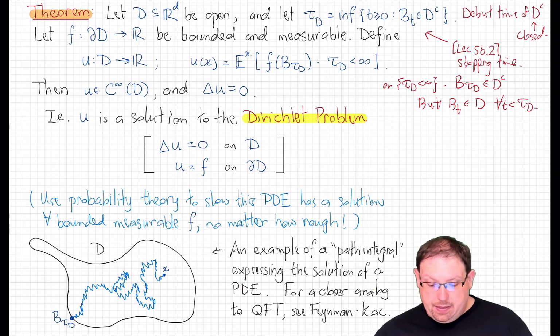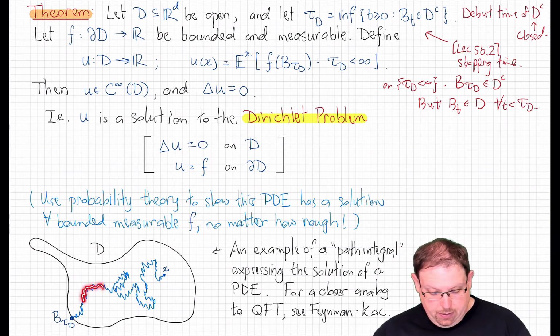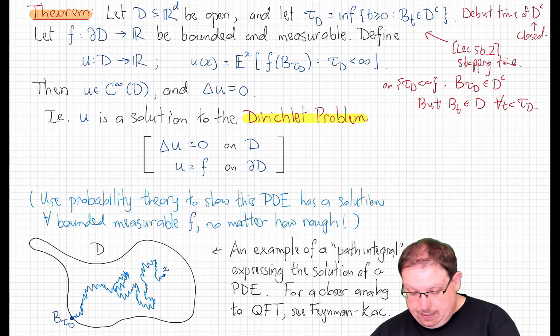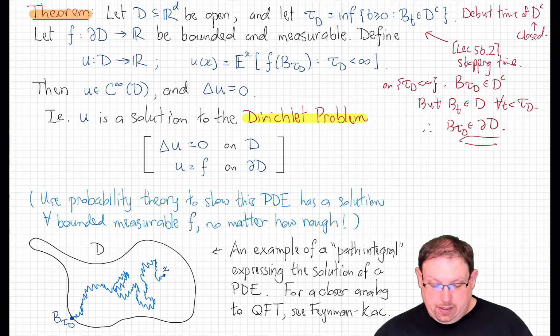And since the path is continuous, as you can see in this picture down here, what that means is that any neighborhood of the point B_tau_D contains some points that are in D. What that says exactly is that the point B_tau_D is actually in the boundary of this set D. Now, using that, we can properly state the following theorem.